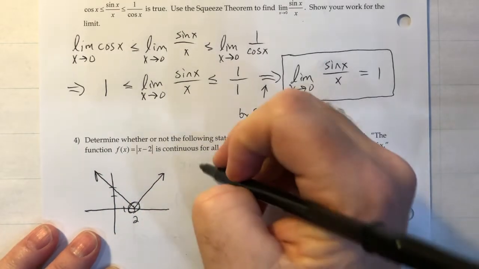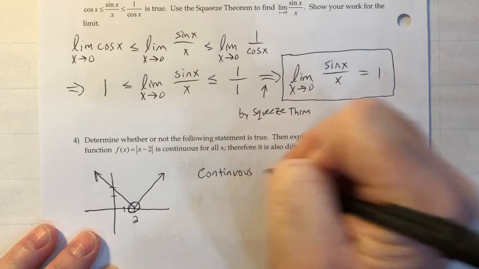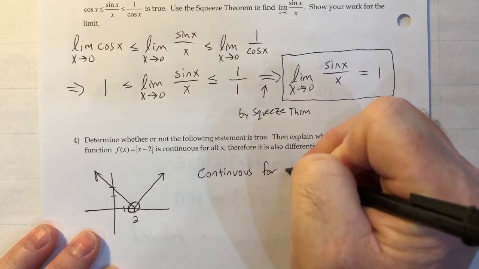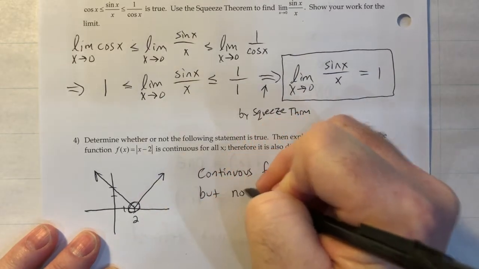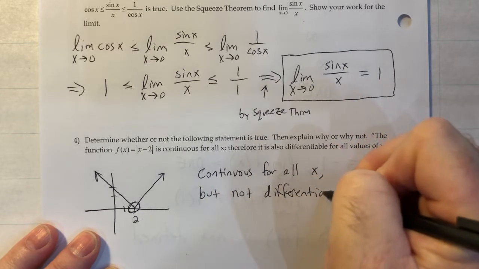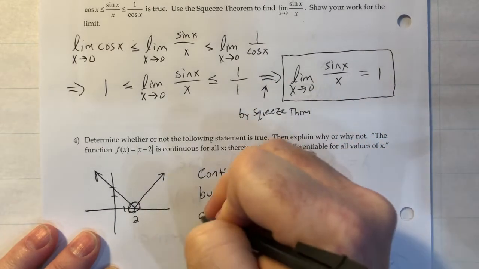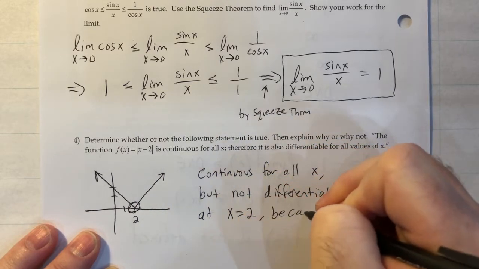So this is continuous everywhere, so continuous for all x, but not differentiable at x equals 2 because there's a corner there.